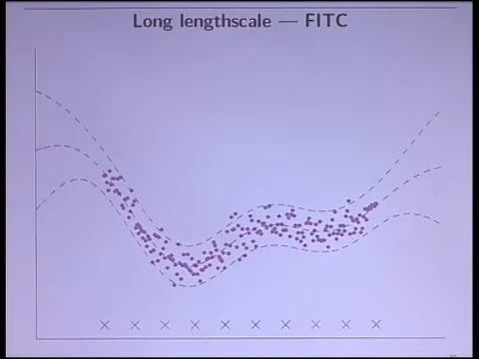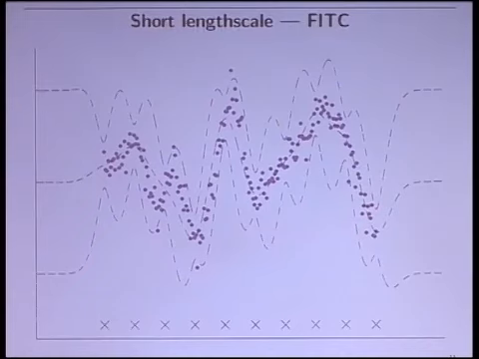So I just have some really simple 1D illustrations that hopefully give you an idea of the type of data sets that might be better represented by one or the other type of approximation. So here's an example which is really nicely represented by the FITC approximation with a very small number of regularly spaced pseudo inputs that summarize very smoothly and nicely this data set, because it has a long length scale, smoothly varying data.